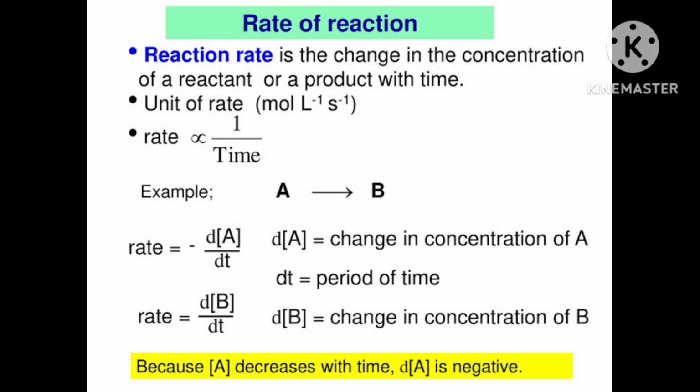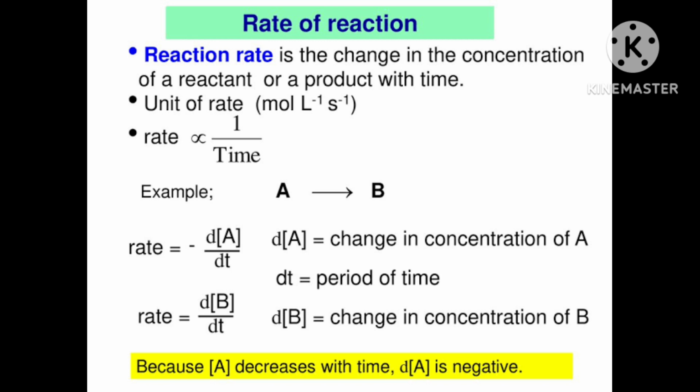And experimental conditions, as for example, concentration of reactants, pressure if it is a gas, and the other two are temperature and catalyst. Rate depends upon four things.